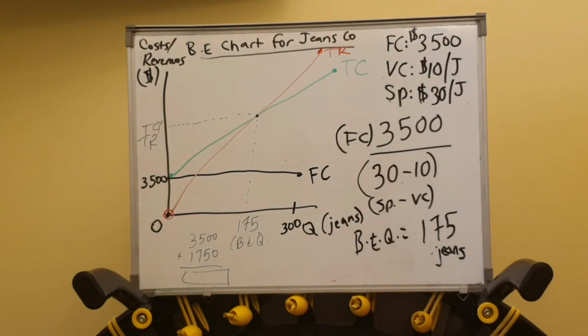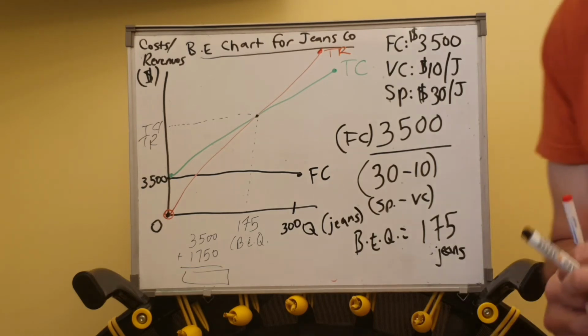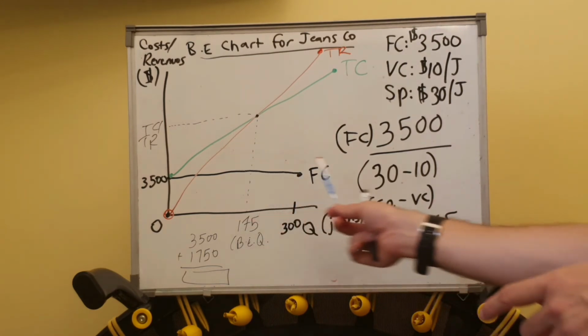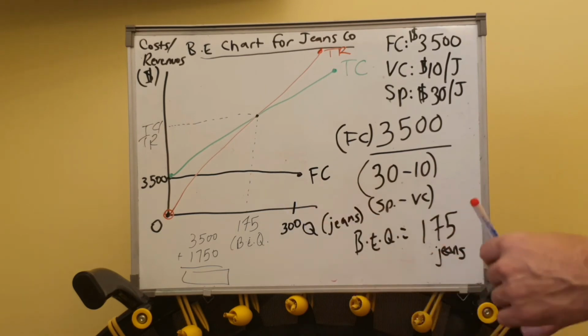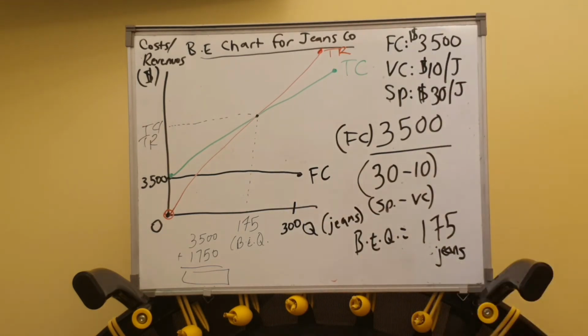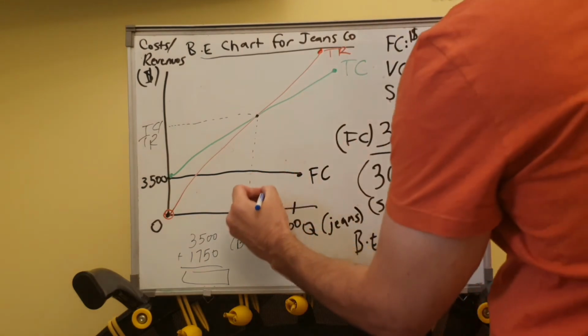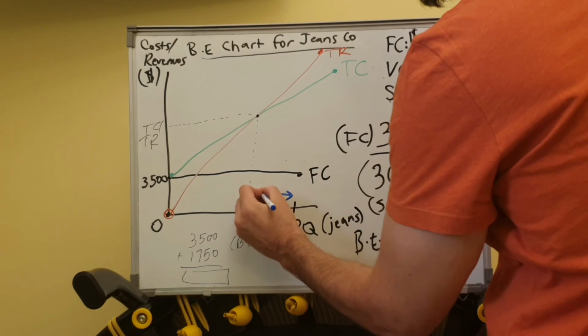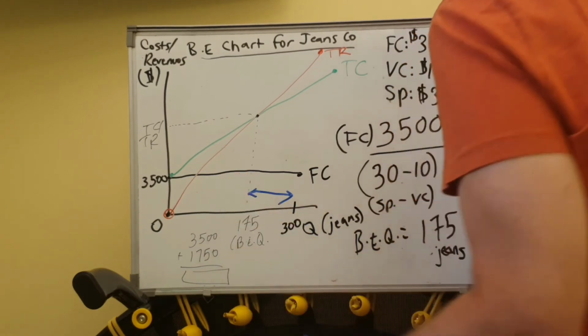So we've calculated that. Now, there's one more thing that you need to label in a break-even chart, something called the margin of safety. A margin of safety is anything above the break-even point. So the margin of safety in this problem would end up being over here, all the way up to your break-even point, right?